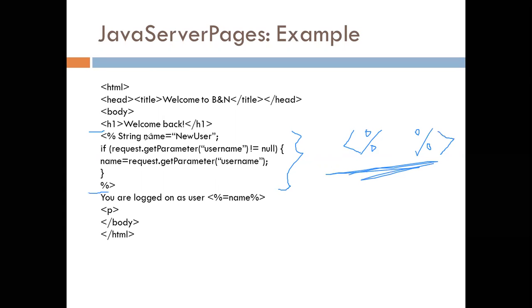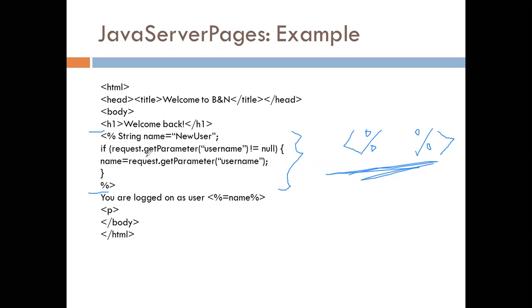So we can declare a string like this: string name is equal to new user. If request.getParameter("username") is not equal to null, then we can directly use the request and response objects over here. No need to specify parameters or function calls, they are inbuilt, so they can be used.